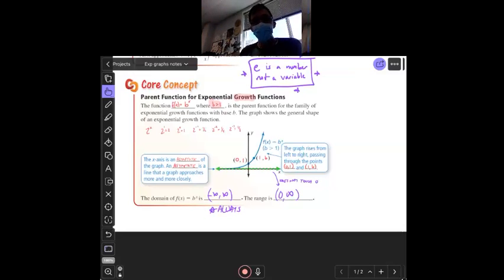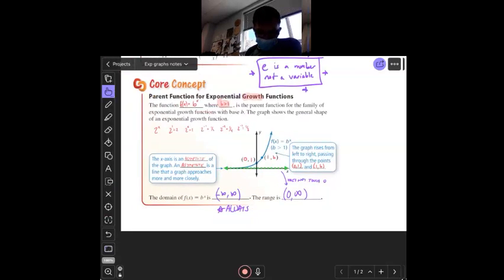You can't have negative money. Can't have negative rabbits, can't have negative people, you can't have negative uranium-234. These things exist in the positive spaces, so we don't see numbers below 0. Mathematically, we can flip that graph down, but application-wise, this is the way this is.